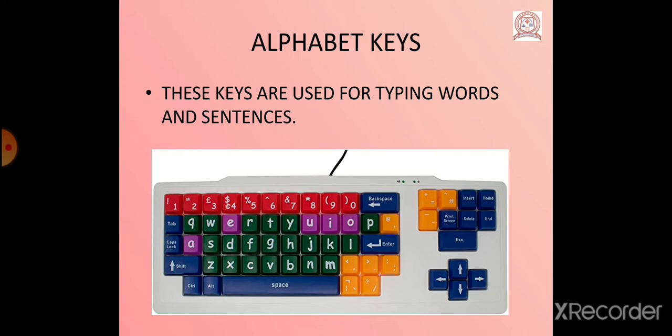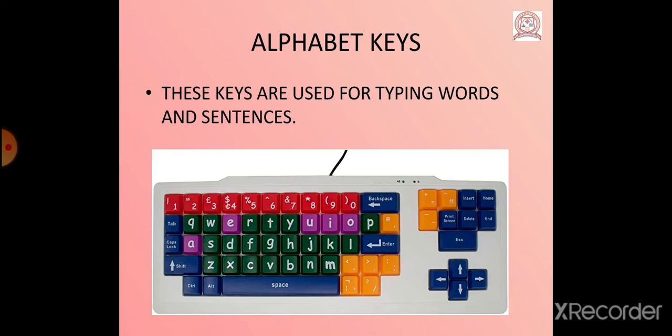On page number 35 of your textbook, on the second keyboard, you have to color the letters of your best friend's name. Okay? And on page number 36, above the number keys, two keyboards are given.